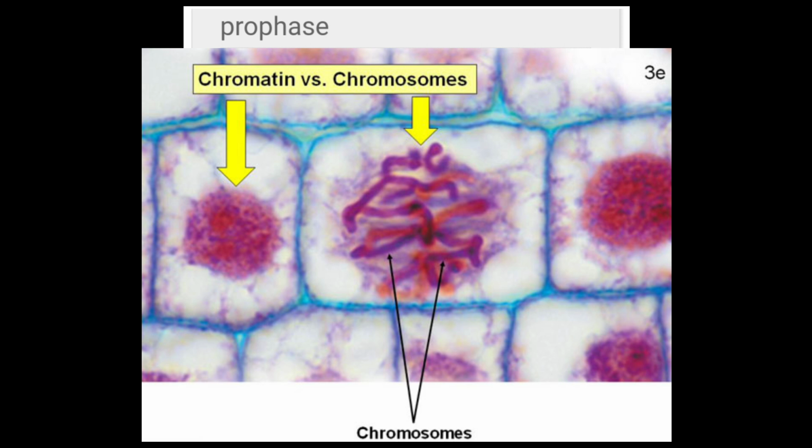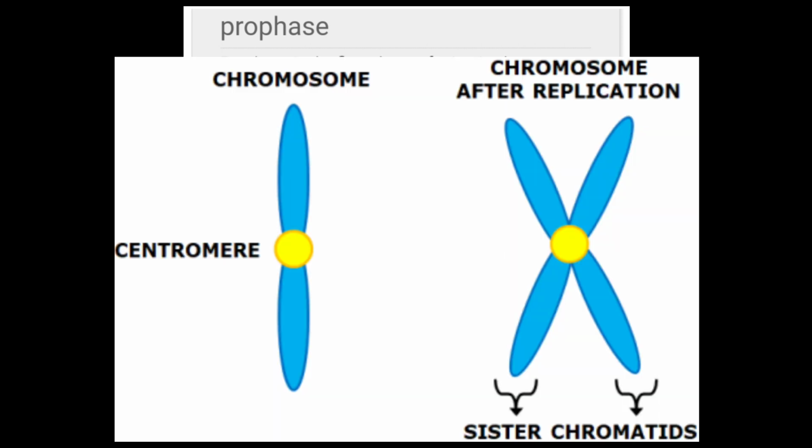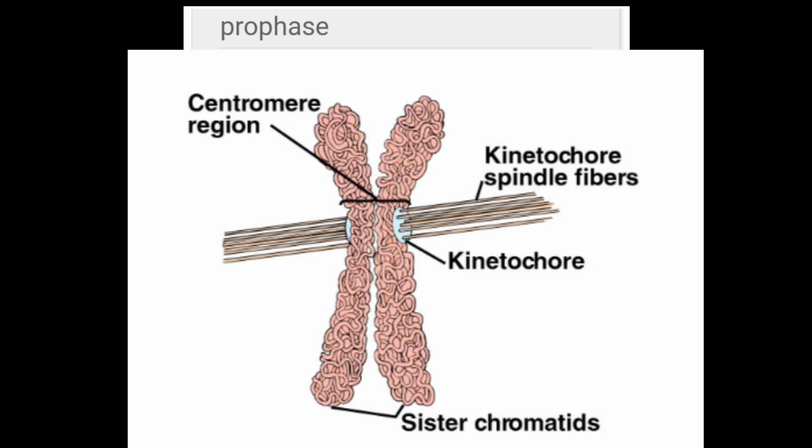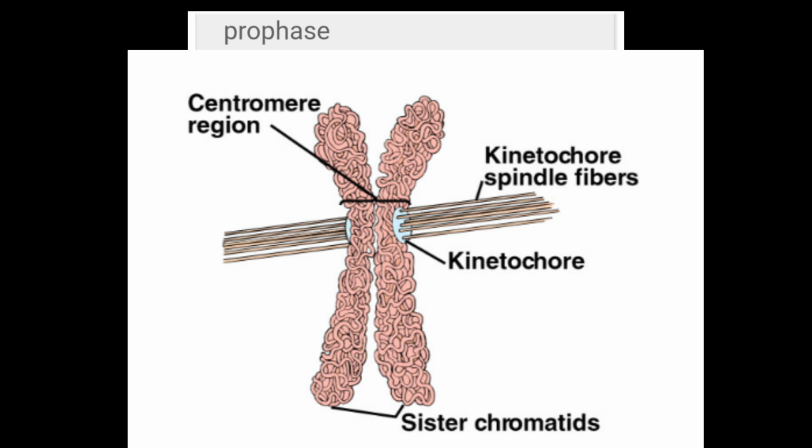The replicated chromosomes have an X shape and are called sister chromatids because they have doubled in the previous phase, that is S phase. The sister chromatids are pairs of identical copies of DNA joined at a point called the centromere. The centromere has a site of attachment for spindle fibers known as the kinetochore.